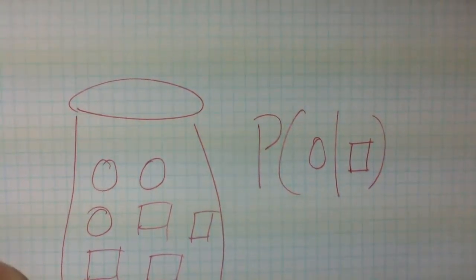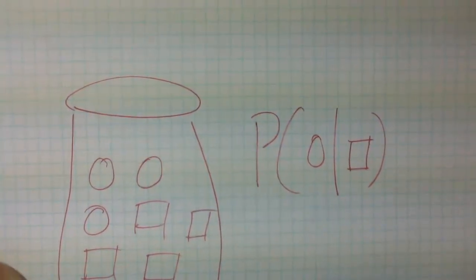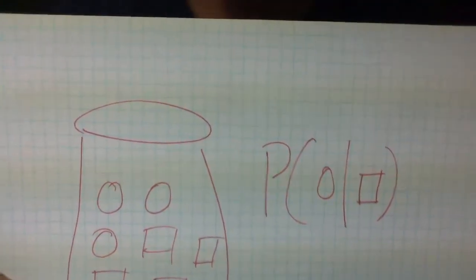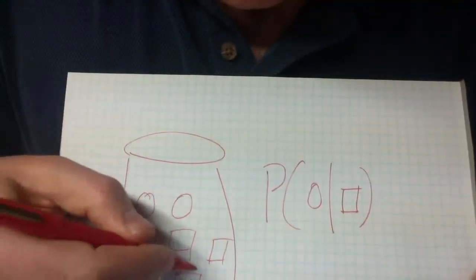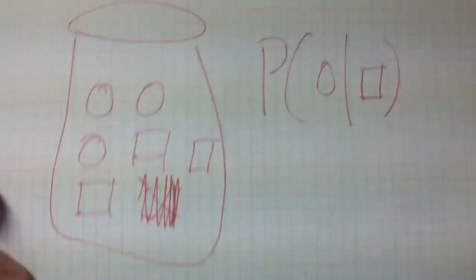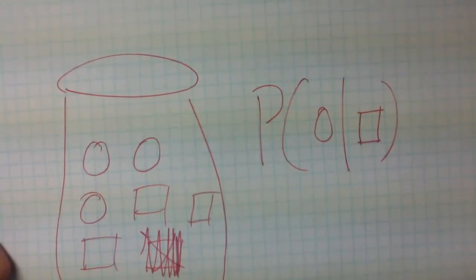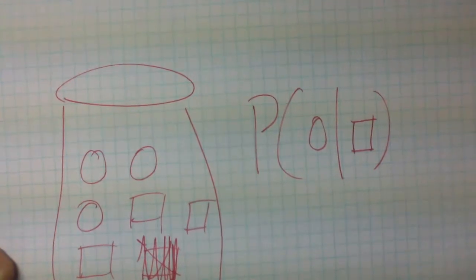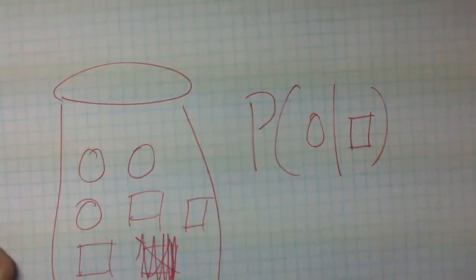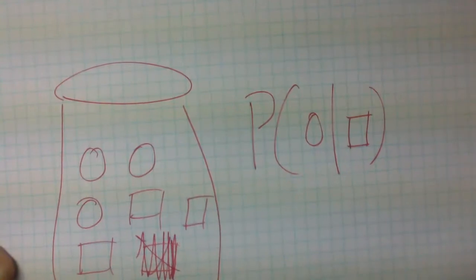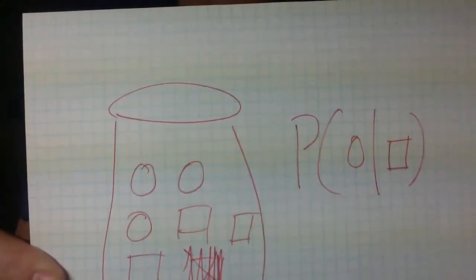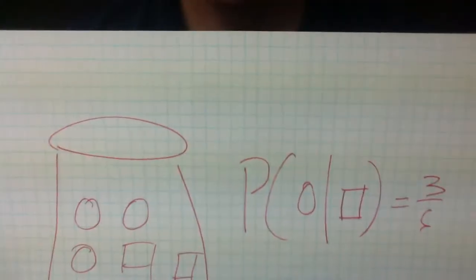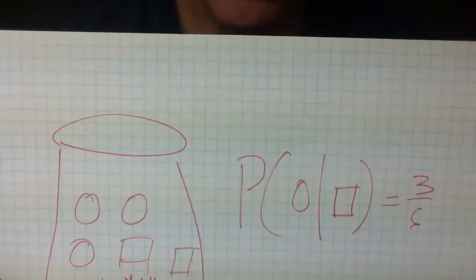So, I've got to draw out a circle on my second draw, assuming the first time I did a draw, one of the squares got pulled out, and I didn't put it back in. That's what without replacement means. So now I've got 3 circles out of the entire group that remain of 6. So my probability is 3 out of 6, or a half.